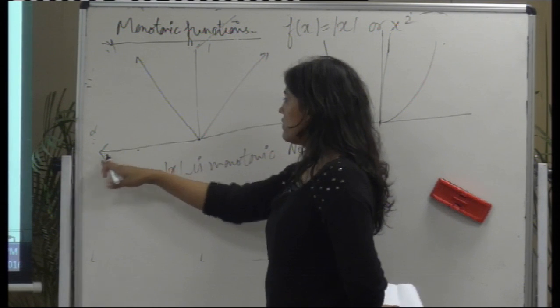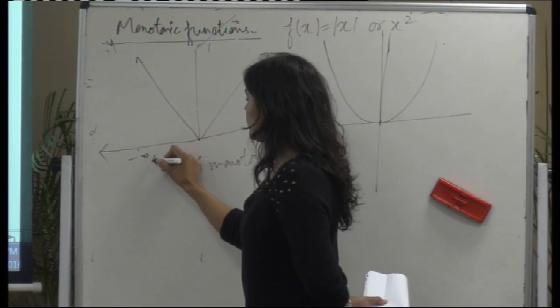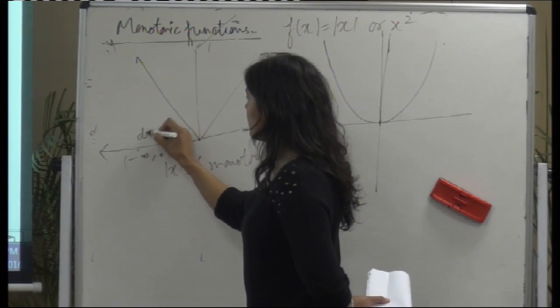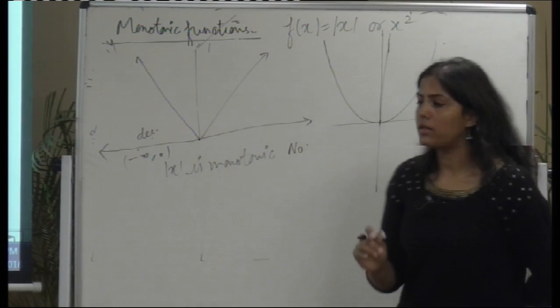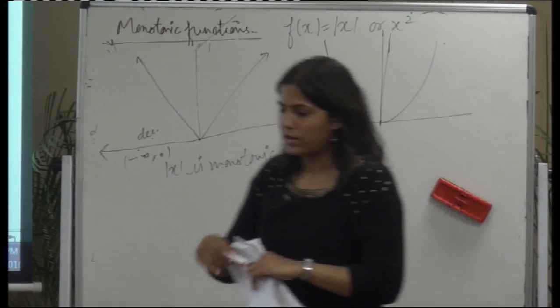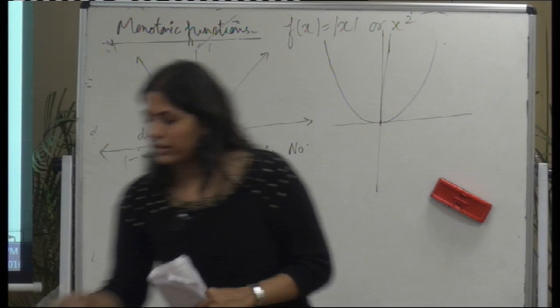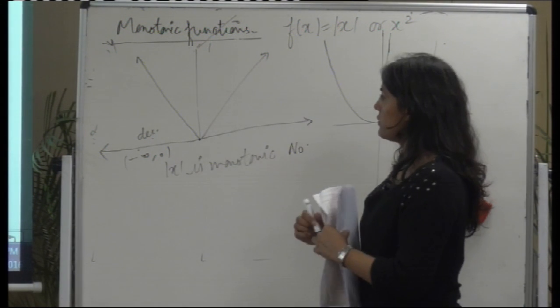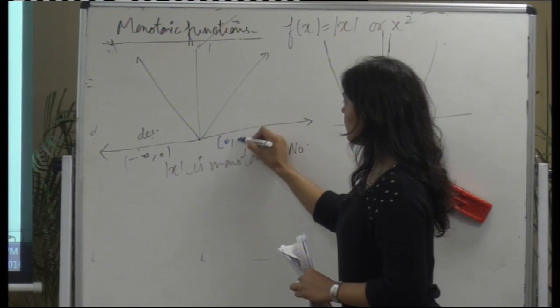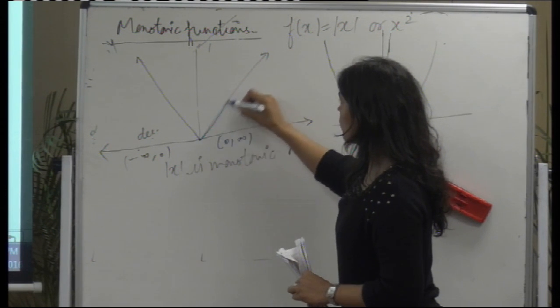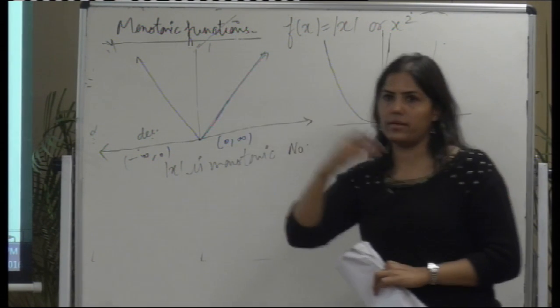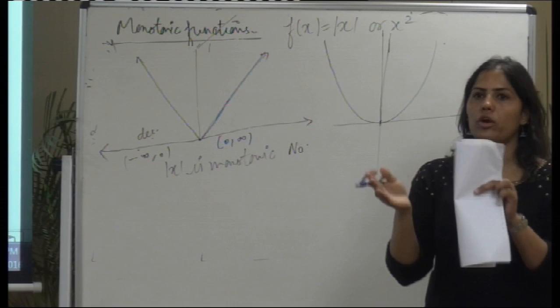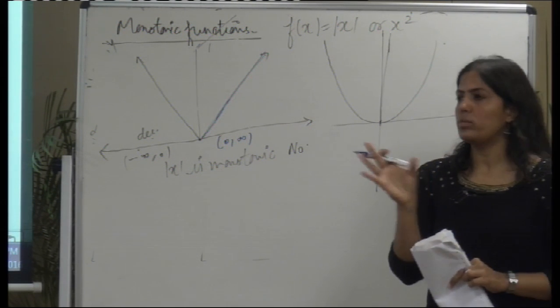In this interval, minus infinity to 0, it is decreasing, and in the interval 0 to infinity it is increasing. So we cannot say it is monotonic, because the complete behavior should be either increasing or decreasing.